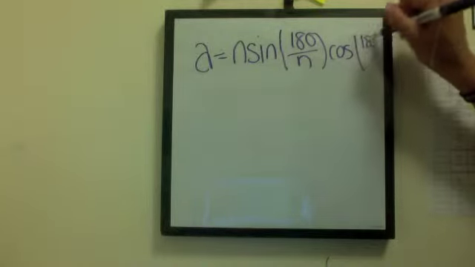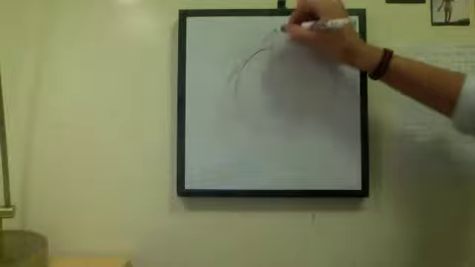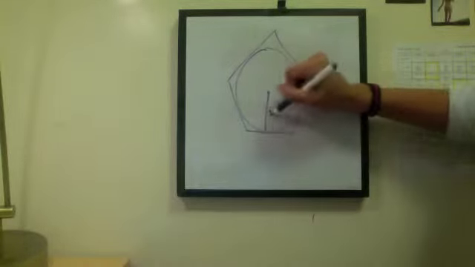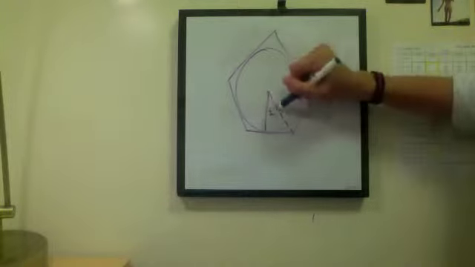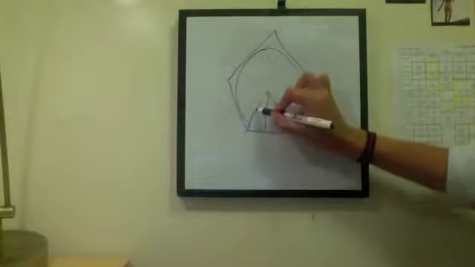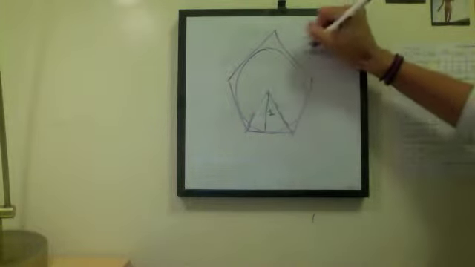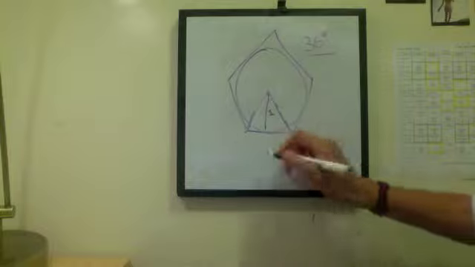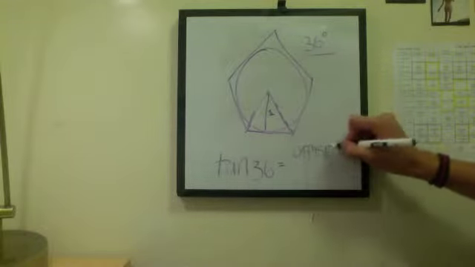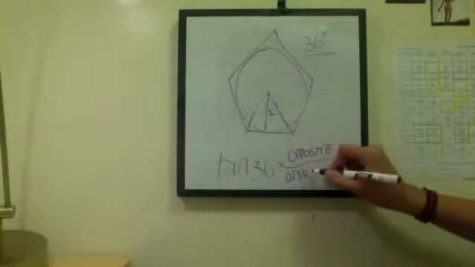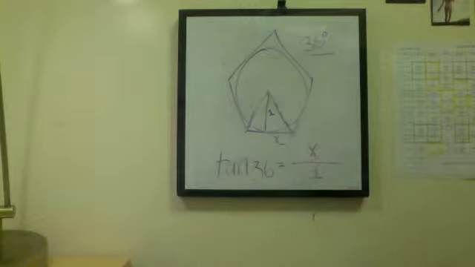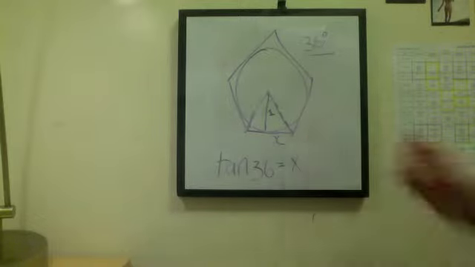cosine 180 over n. And so here we have a circumscribed polygon in which the radius of the circle is 1. In order to find the area of this circumscribed polygon, as we have discovered previously in this video, the angle is 36, and so tan of 36 is opposite over adjacent, and so that would be x over 1.